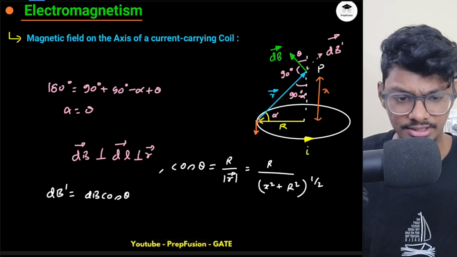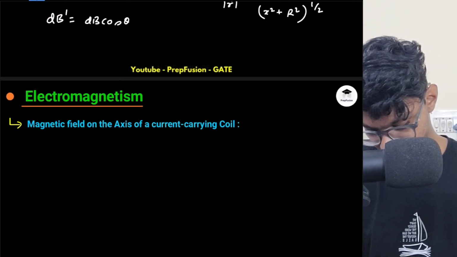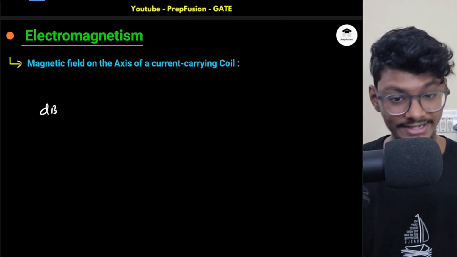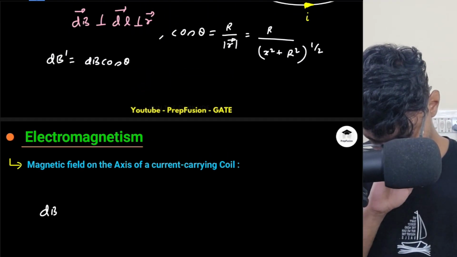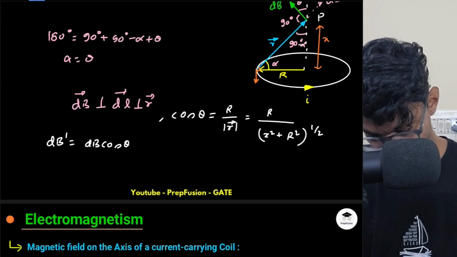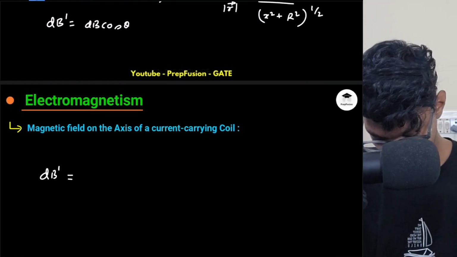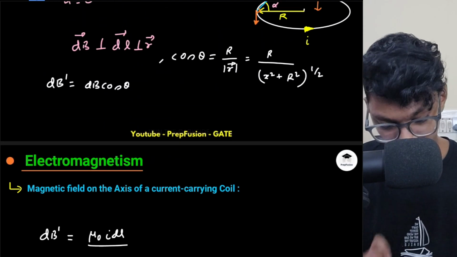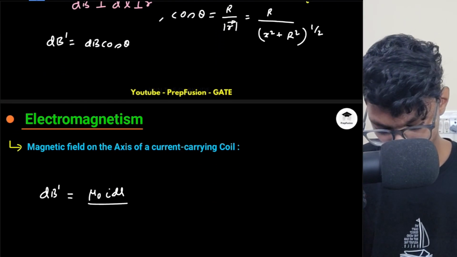So now if I replace everything, what will I get? My dB dash, that is my dB net actually. Small dB is how much? Mu naught I dl divided by, sorry, actually x is also not varying here, I'll show you what is varying.